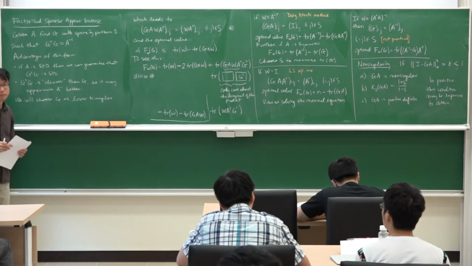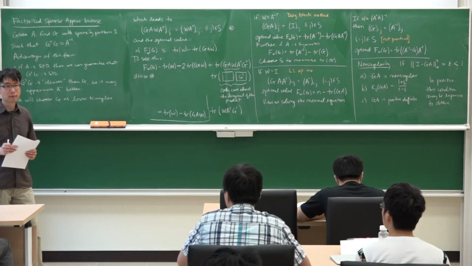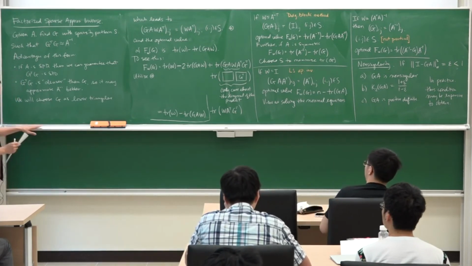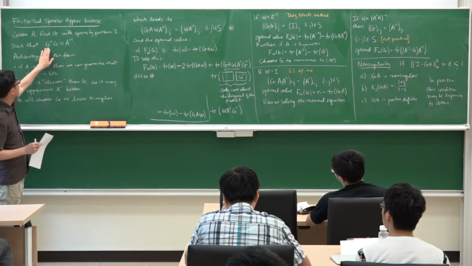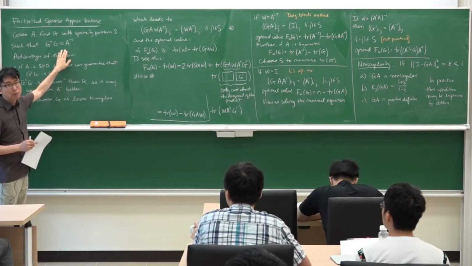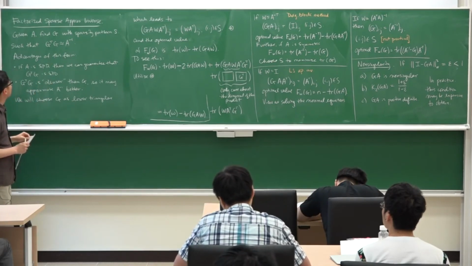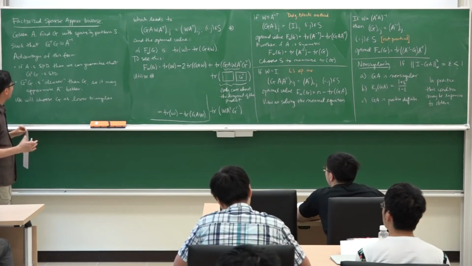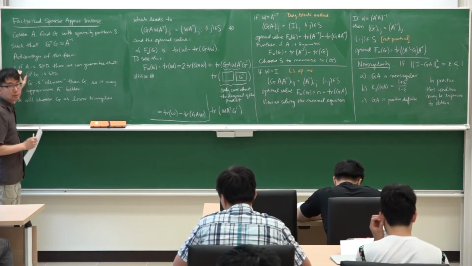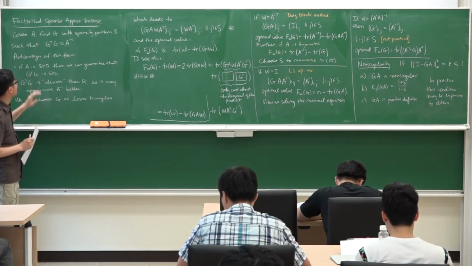This method is better for unsymmetric matrix A. I could have written G times H for some non-symmetric problem in general, but normally the main advantage comes from this: if the matrix is symmetric positive definite, then I can guarantee something that is symmetric positive definite.